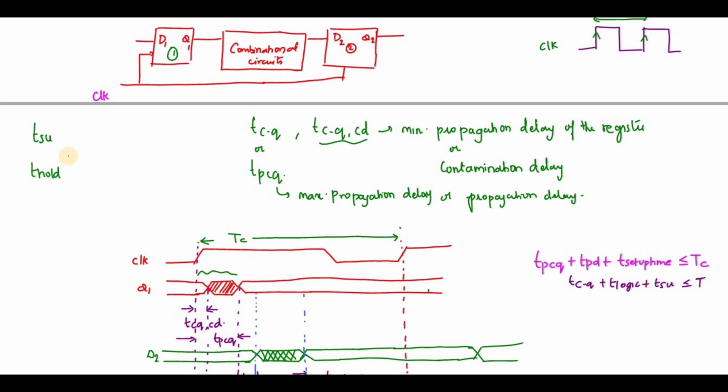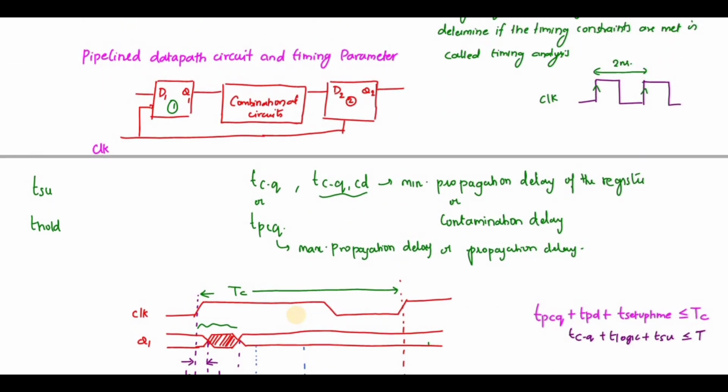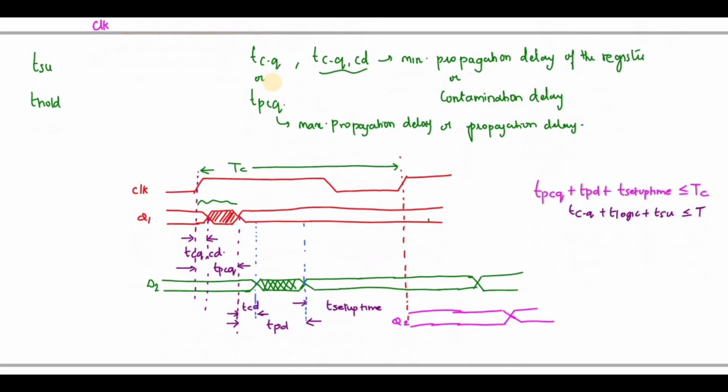Okay, so these are the two. TSU represents the setup time, and T hold represents the hold time of the register. Then there is T logic, or TCD or TPD. After D1 reaches Q1, it has to be processed by the combinational circuit, this logic, right? So that is represented as TCD.